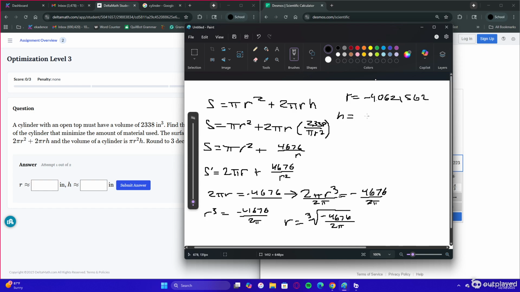So h equals 2338 over pi times this squared, pi r squared.